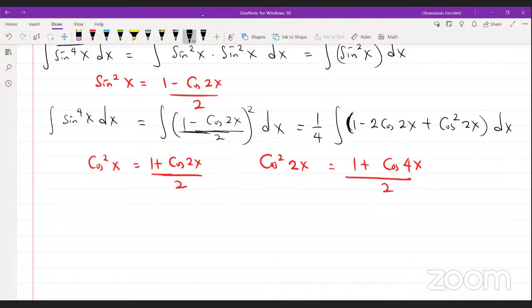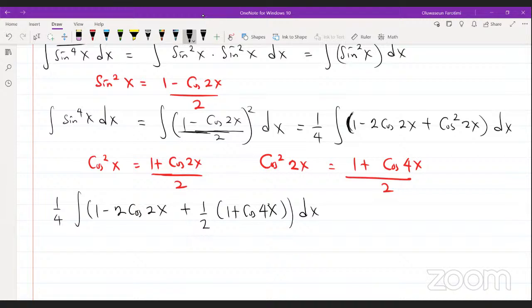So now let's plug in things. Remember we're working with 1/4 integral of 1 minus 2 cosine of 2x plus 1/2 times 1 plus cosine of 4x dx. It's getting interesting, guys. So you have a 1/4, and now you have to simplify to make life easy.